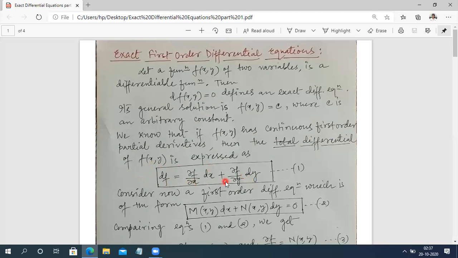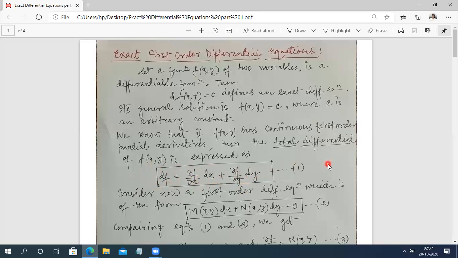You have already studied this expression in your calculus: the total differentiation of f, where f is a function of two variables x and y, is defined as the partial derivative of f with respect to x into dx plus the partial derivative of f with respect to y into dy.